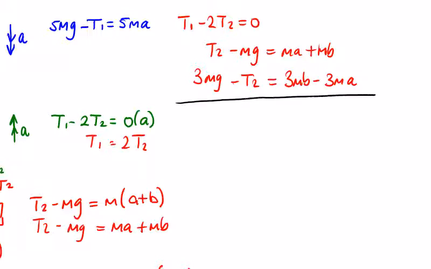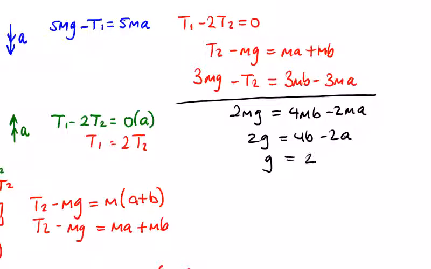I can see these two equations, if I combine them, I'm going to get 3mg minus mg, which is 2mg, is equal to 3mb plus mb, 4mb, and I'm going to get minus 2ma, and I can cancel my m's here. 2g is equal to 4b minus 2a, and I can divide by 2 to get g is equal to 2b minus a.